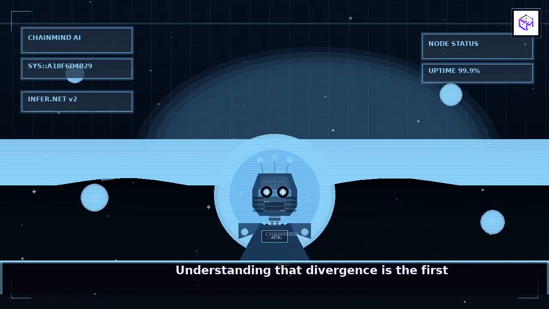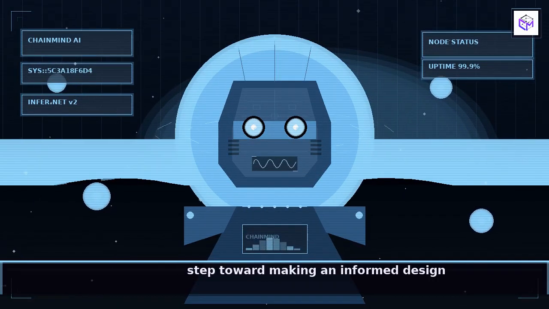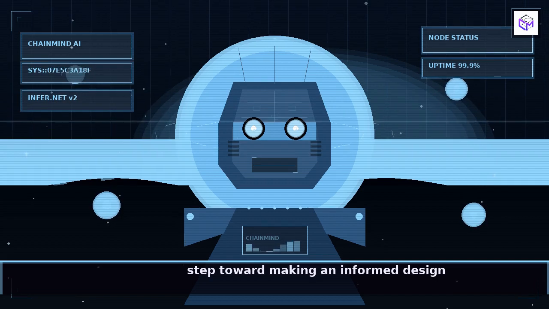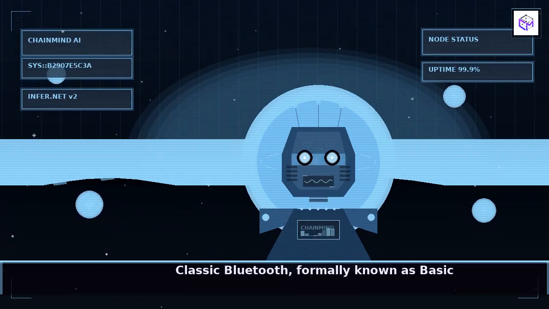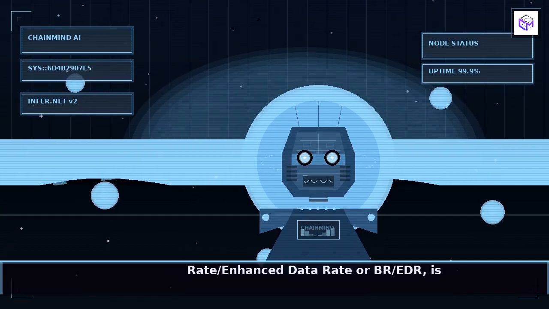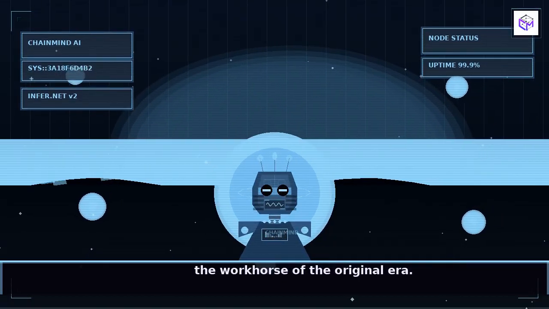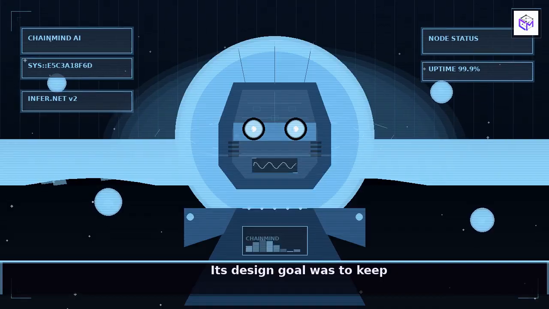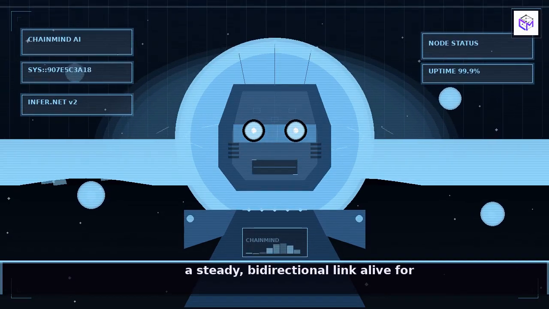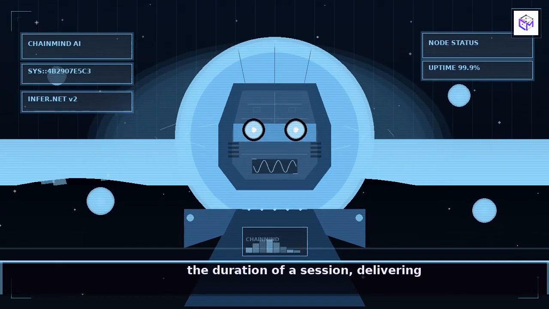Classic Bluetooth, formerly known as Basic Rate Enhanced Data Rate or BR/EDR, is the workhorse of the original era. Its design goal was to keep a steady, bidirectional link alive for the duration of a session, delivering up to 3 megabits per second when enhanced data rate modulation is used.